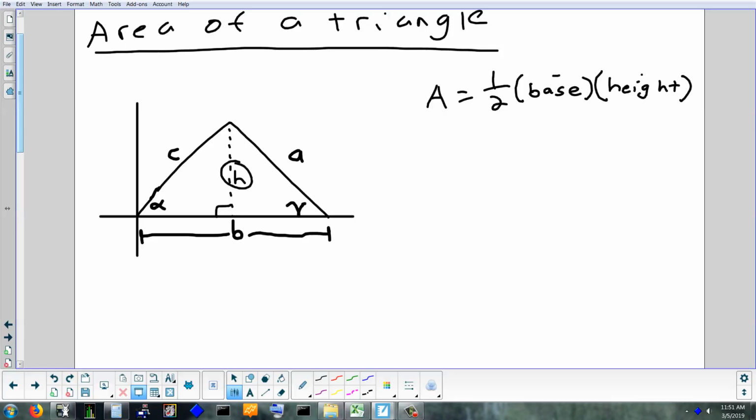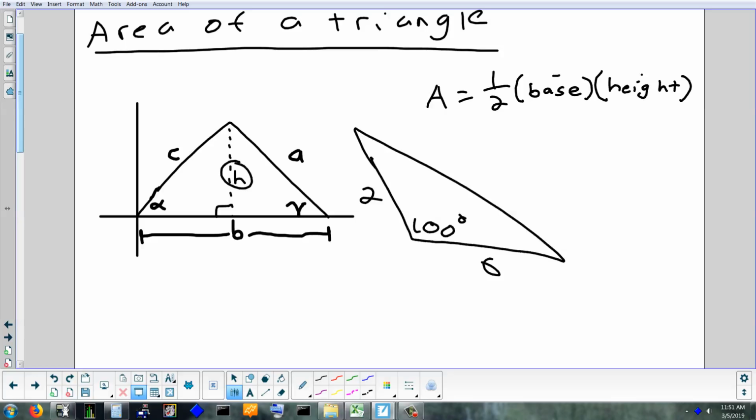Okay. So maybe in a triangle they gave you something like this. This side is 2, this side is 6, this angle is 100 degrees. Well, that 2 isn't really the height. That's the height, straight down. Okay. So in that problem, you don't know the height.